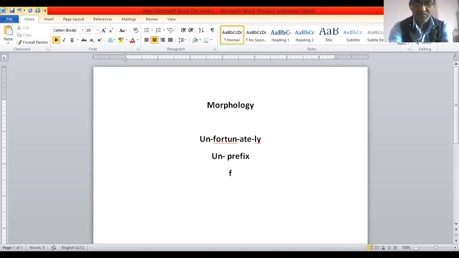Then we have fortune as stem. Ate, we have this as suffix.